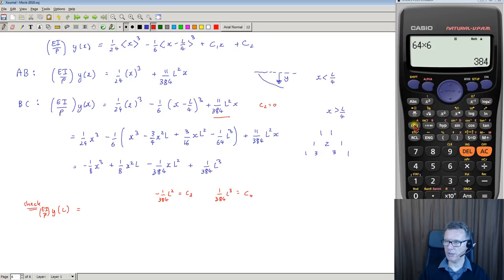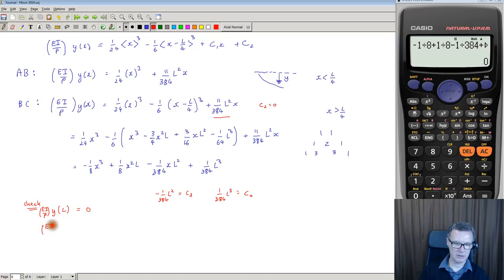So we've got a minus 1/8. Then we've got a plus 1/8. Then we've got a minus 1/384. Yeah, you can see that it does work. Plus 1/384. So that equals 0.